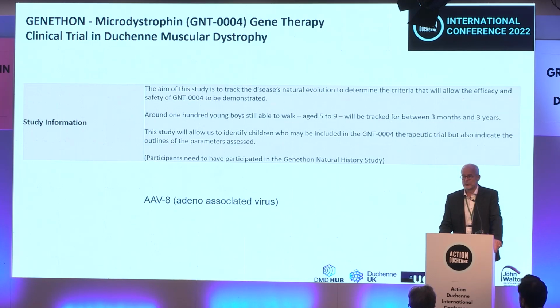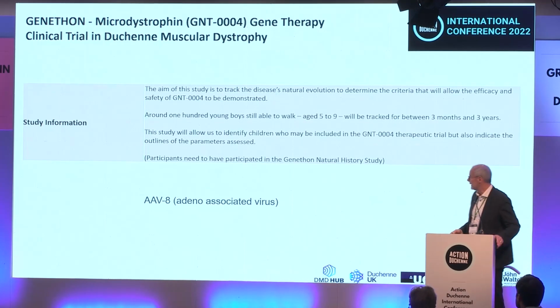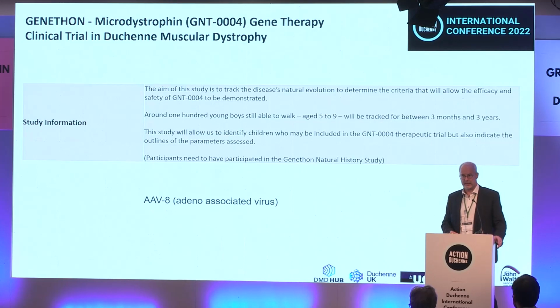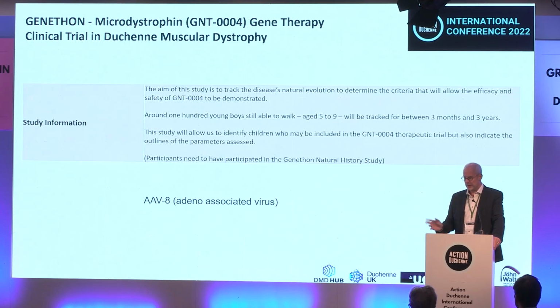This was a trial initially with Paris, London, and Newcastle. In France, first patients have now been injected. The aim of the study is clear: again, you want to increase dystrophin expression. The age of the natural history participants was from 5 to 9.